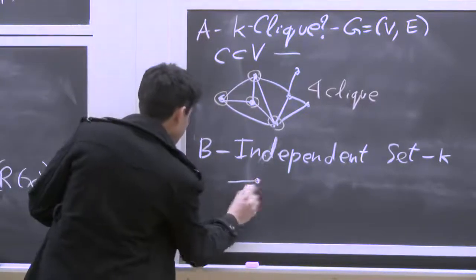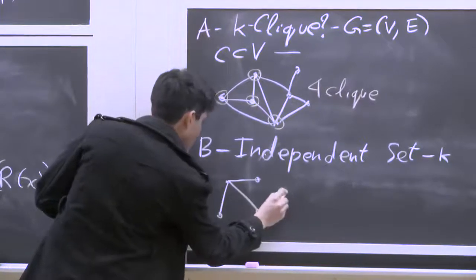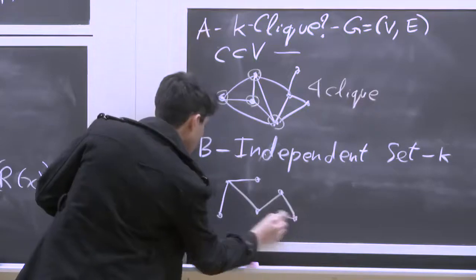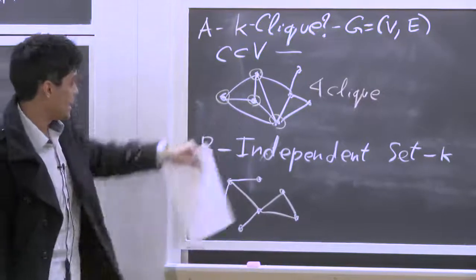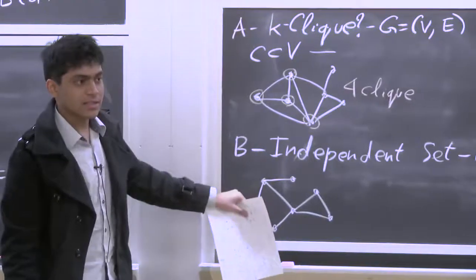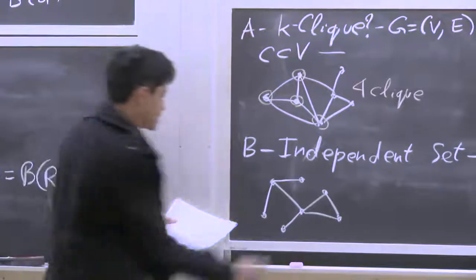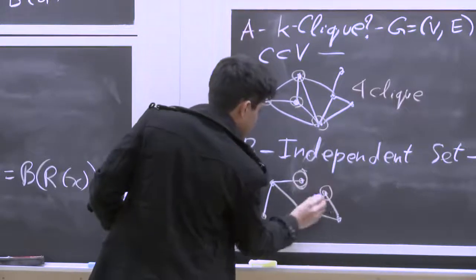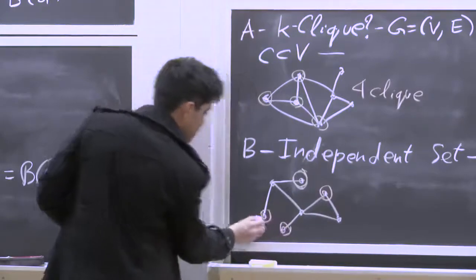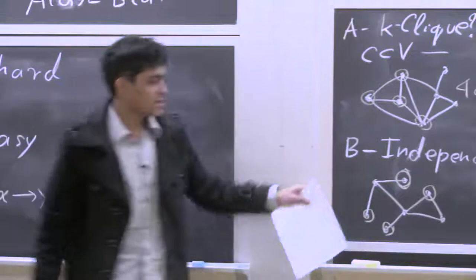So let's say you have a graph which looks like this. So kind of complementary to the definition of a clique. An independent set is a set of vertices such that no pair of them has an edge between them. So in this case, let's say you took this vertex, you took this vertex, and this vertex. So you can see none of these vertices have an edge between them. So that is an independent set.